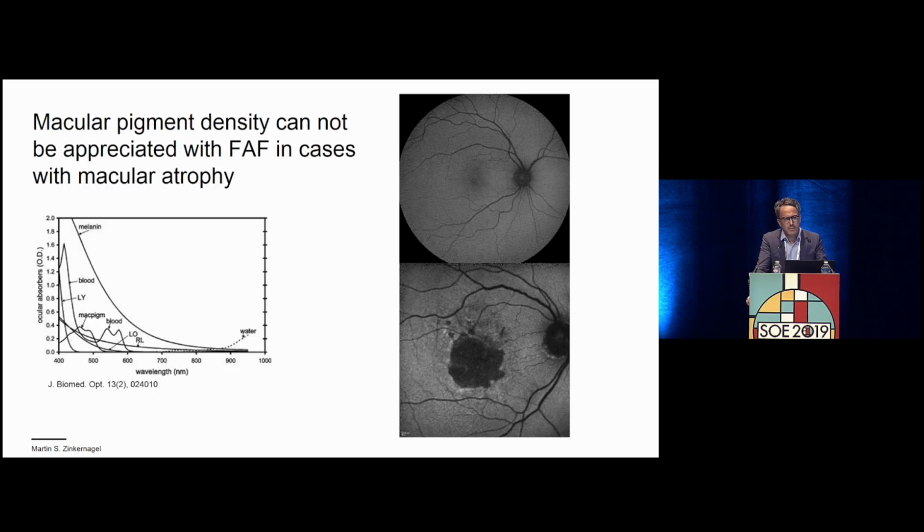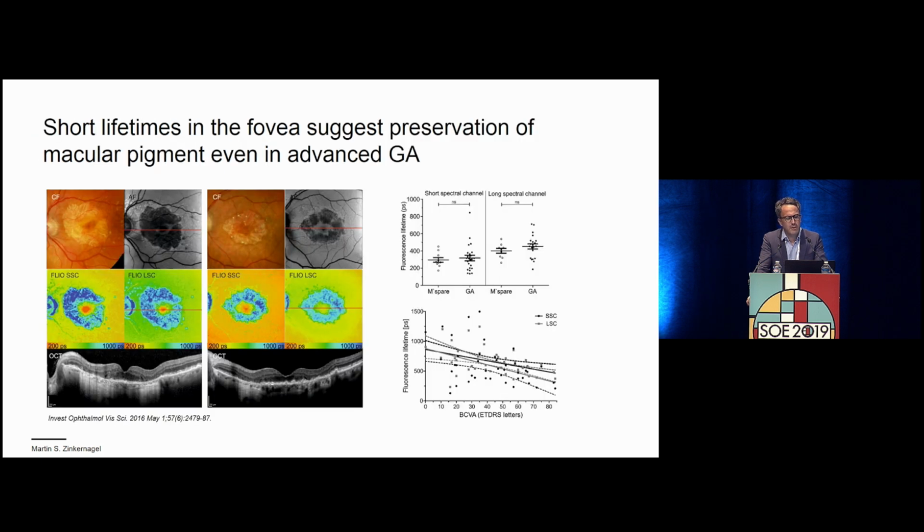As you all know, sometimes it's difficult to look at macular pigment optical density, especially in the presence of a macular atrophy. And when you look at FLIO image, this seems to be much more easily demarcatable. So you can see here patients with geographic atrophy here.